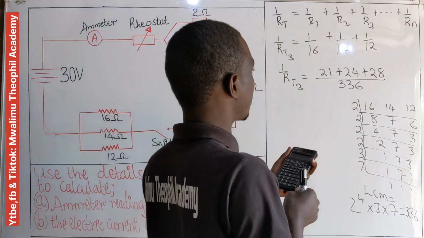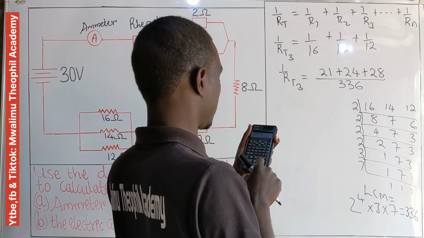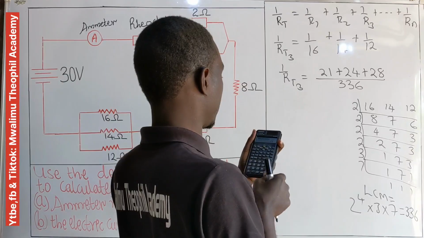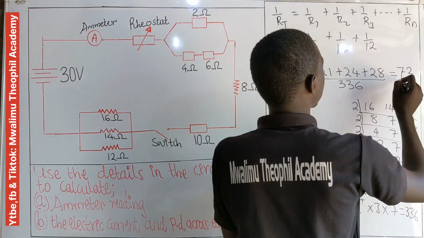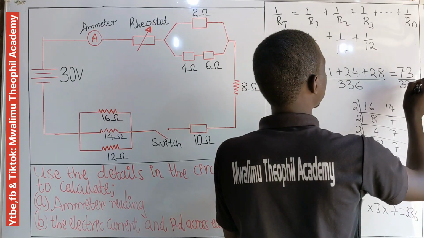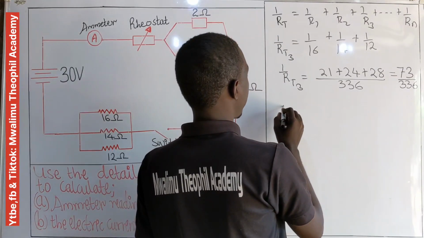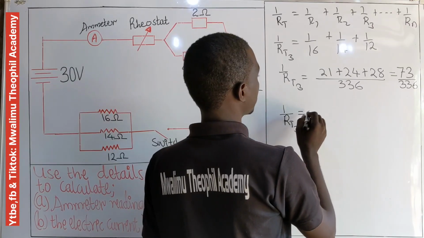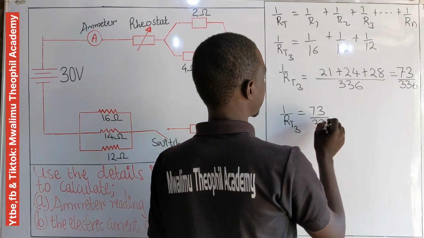Now when we sum up the numerator, we find 28 plus 24 plus 21. The answer is equal to 73 divided by 336. So we have 1 over R total 3 is equal to 73 divided by 336.